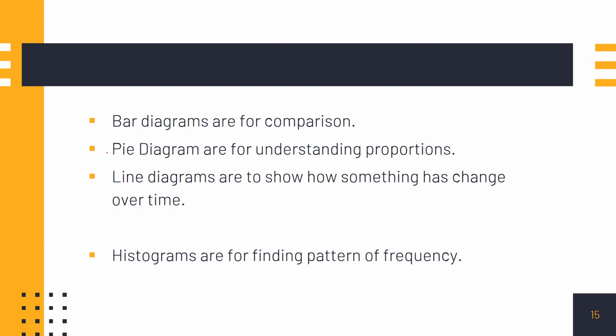So this is a brief comparison. Bar diagrams are for comparison, right? Pie diagrams are to understand proportion. Line diagrams are to show something that changes over time. If you want to show whether the price of petrol is changing over time, you will use a line diagram, right?